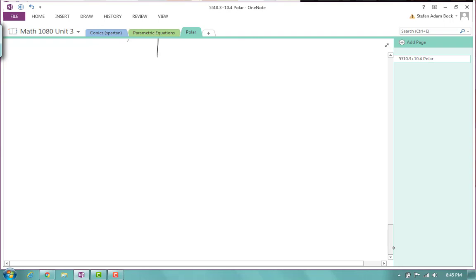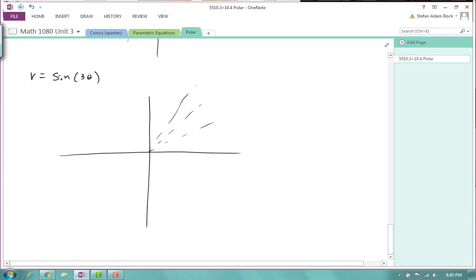One more. If r is equal to sine of 3 theta, then I'm going to get what is known as a rose curve, and it's going to have 3 petals. If I have an even number in there, then it's going to have twice as many petals. So let's see. Sine of 0 is 0. Great.